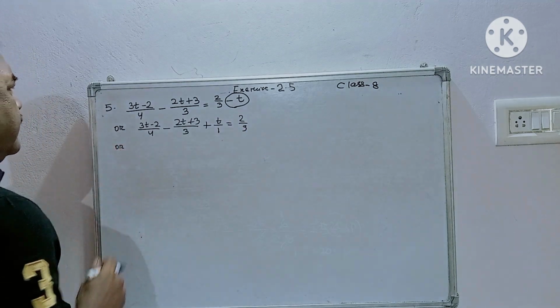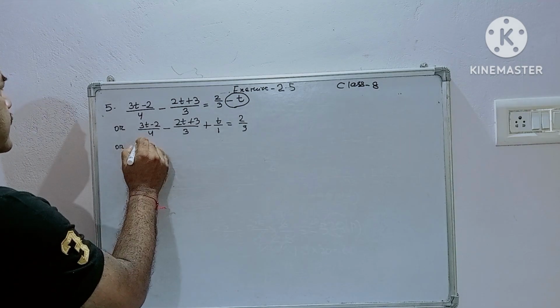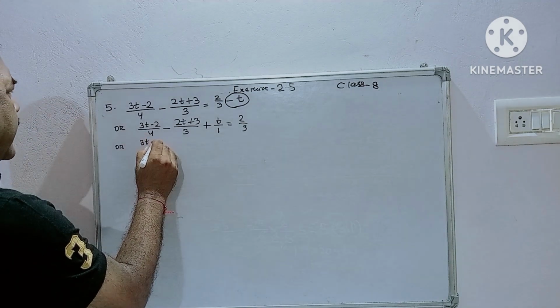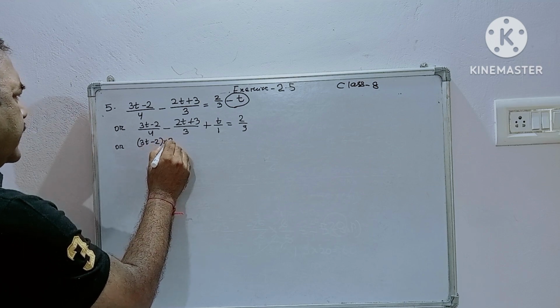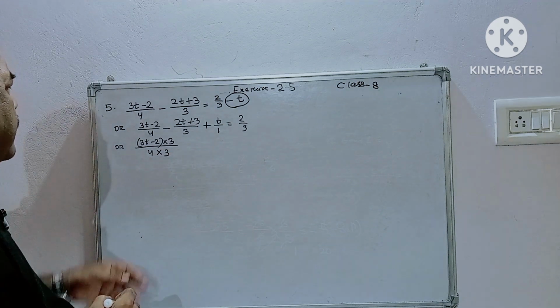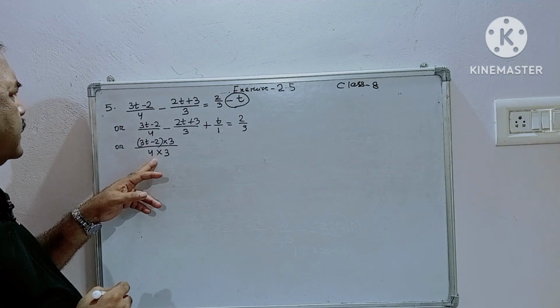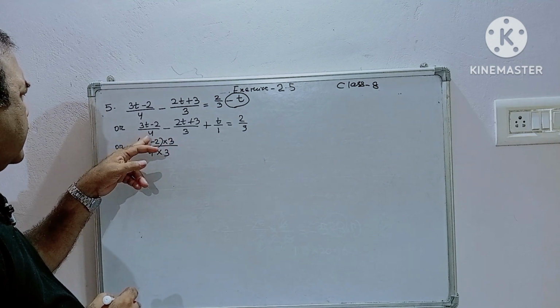For 4 and 3, what is the LCM? LCM is 12. So (3t minus 2) into 3 divided by 4 into 3. We have to make the denominator 12, so we multiplied 3 to the denominator, so you multiply 3 to the numerator.